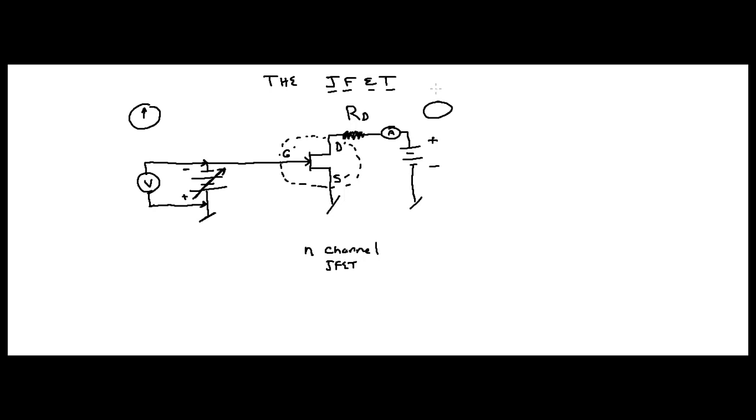So this is your current I right over here. And this is your gate voltage V, right? Now, your current is going to have a specific value. Suppose the voltage is such that your channel is not closed and it's not fully open. It's somewhere in the middle.